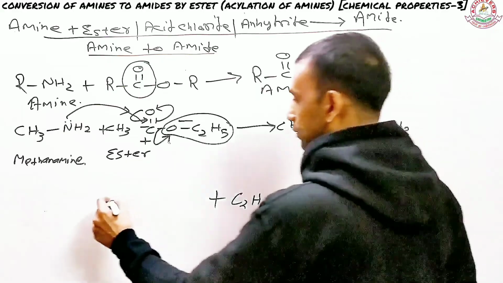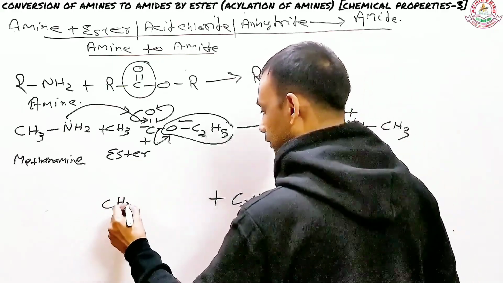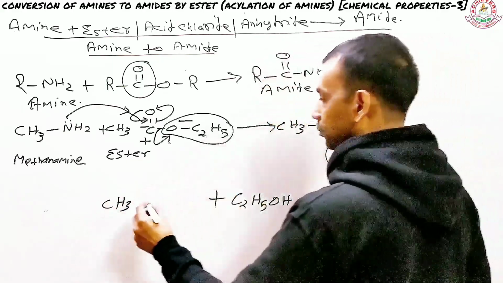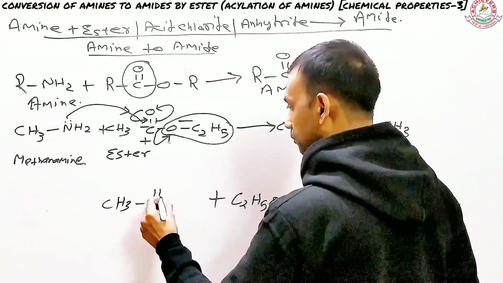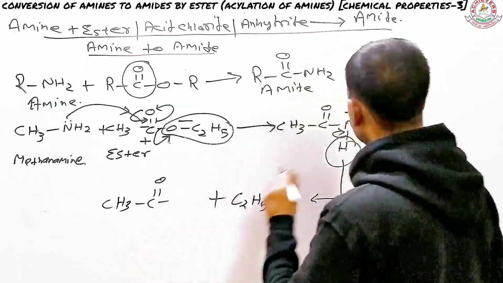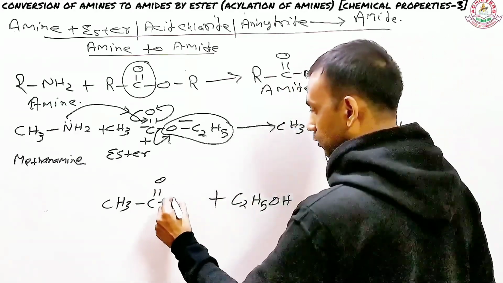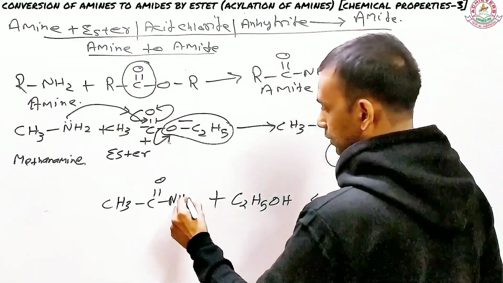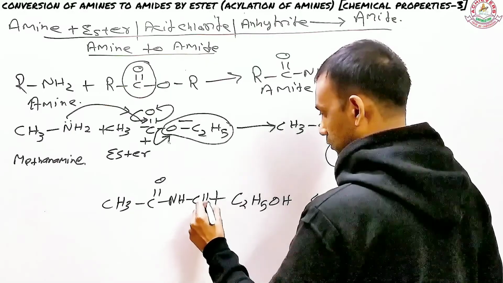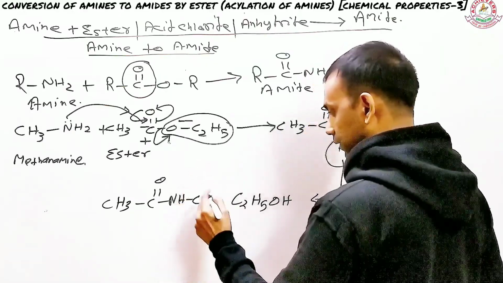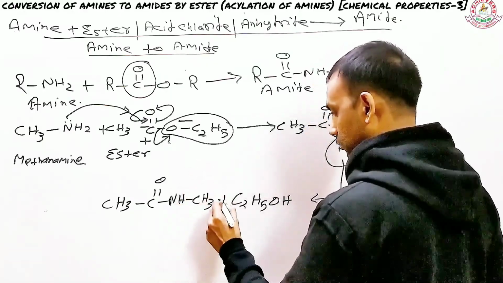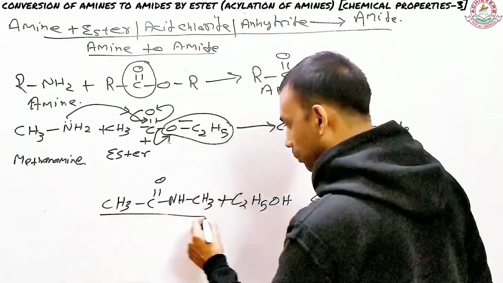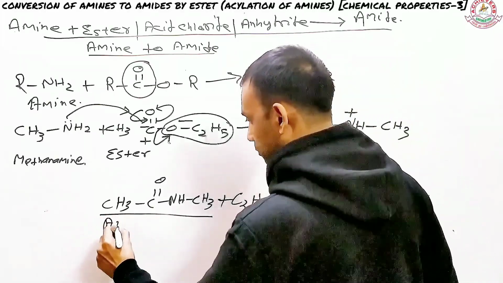So you have CH3, then a carbonyl group, then NH, and after NH you have a CH3 also. And this is your amide.